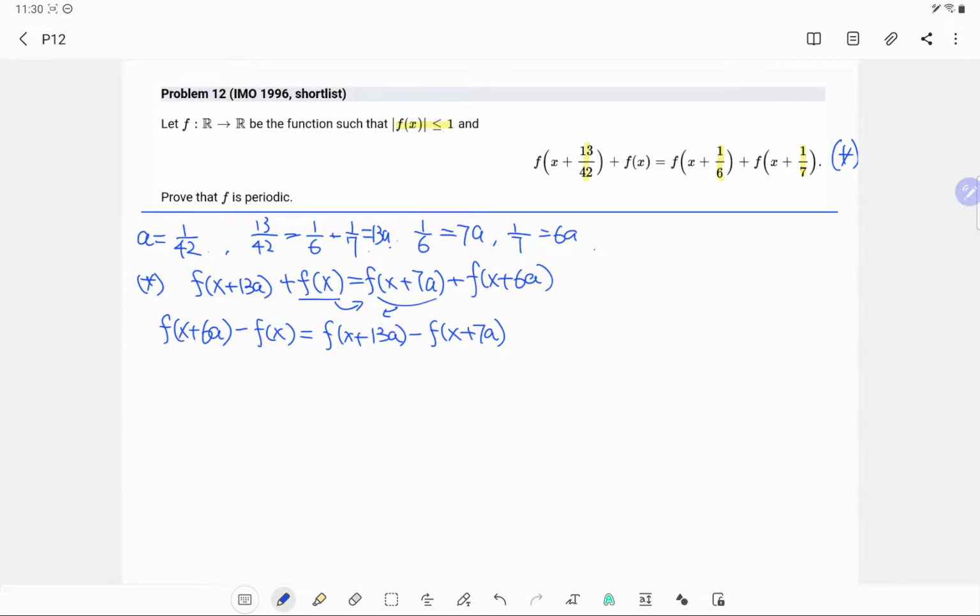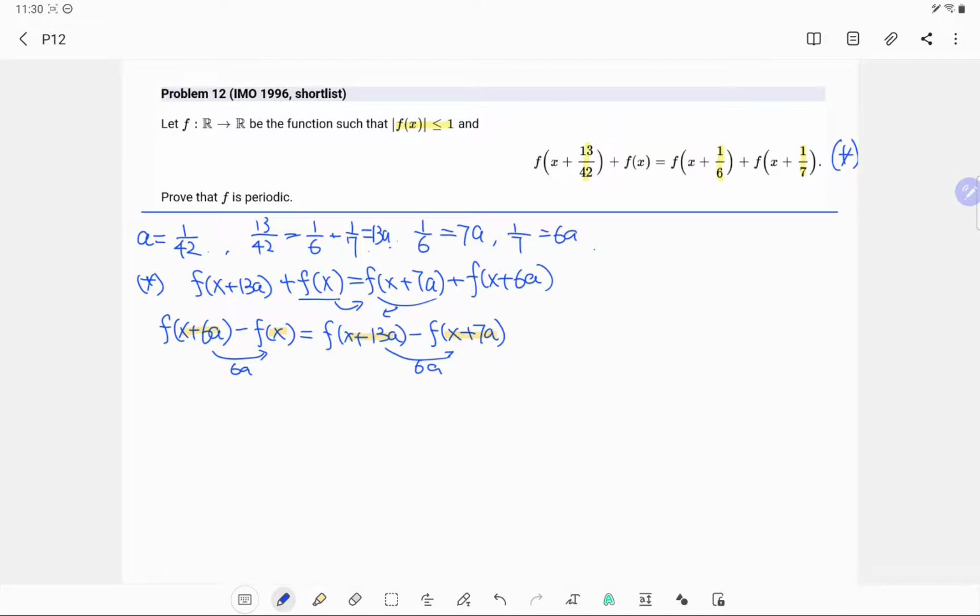Okay, we can observe that the difference in argument between this one and this one is 6a. Also for this argument and this argument, there is a difference of 6a.